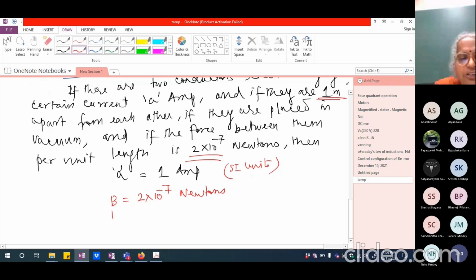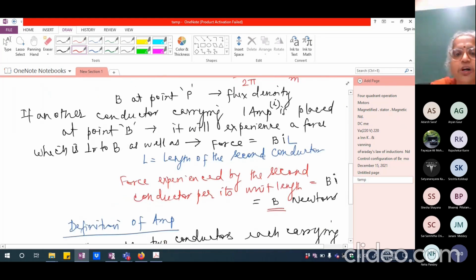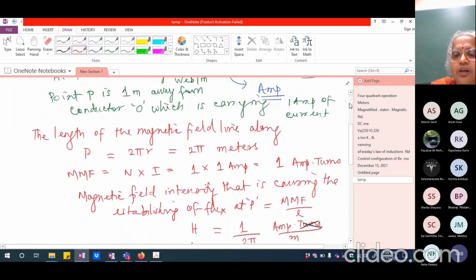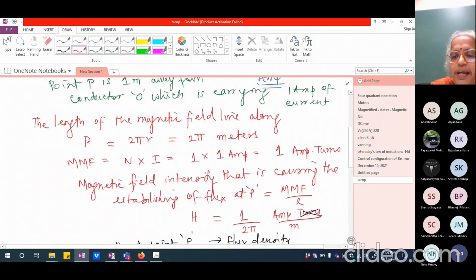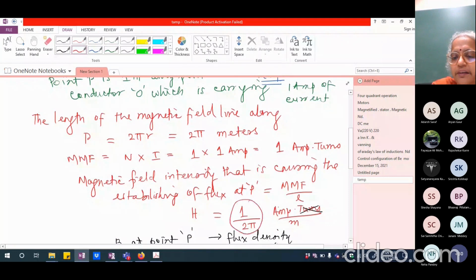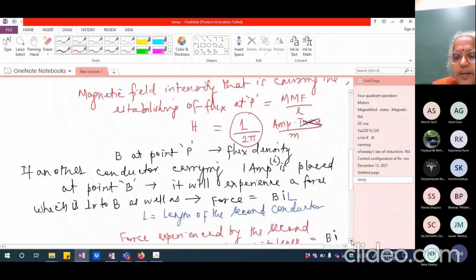Okay, and H, what we calculated, was 1 divided by 2 pi ampere per meter. That's what we calculated.